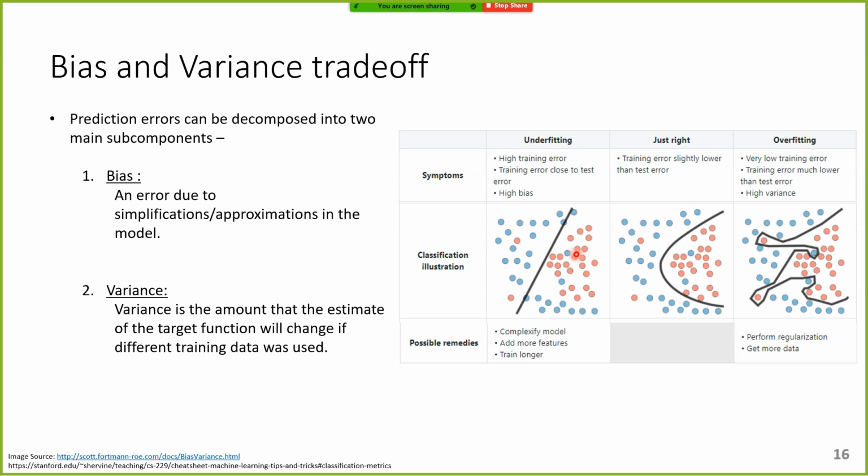To figure out what we are doing: in this kind of data set, we see a high training error, and we also see a high error during the testing phase. Whereas in this case, we will see a very low error during the training phase, but a high error in the testing phase.